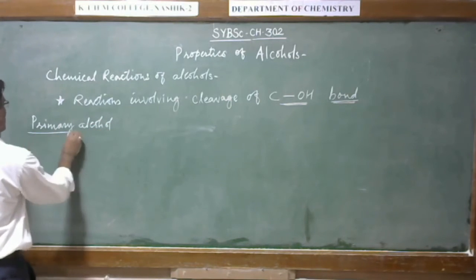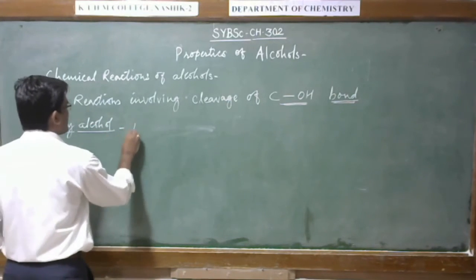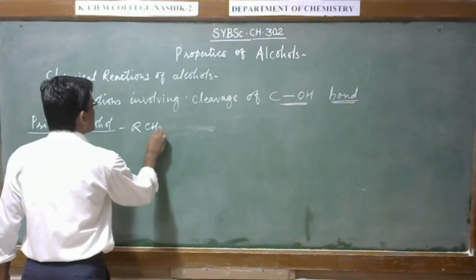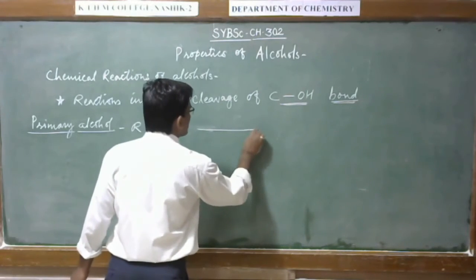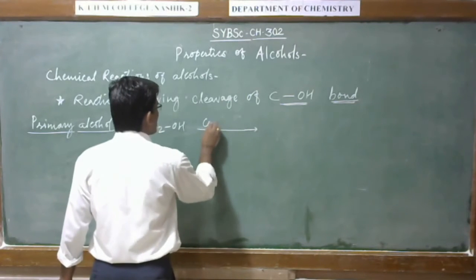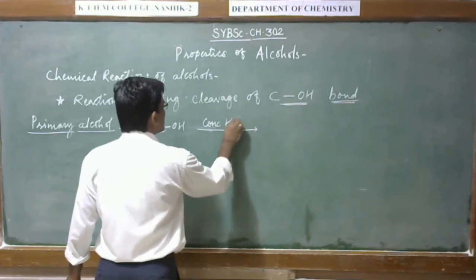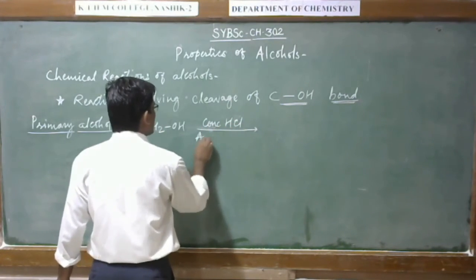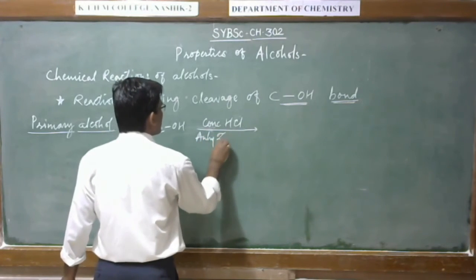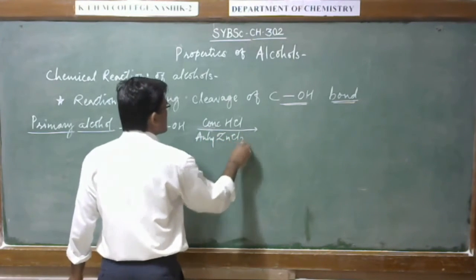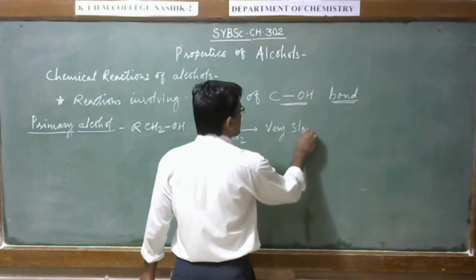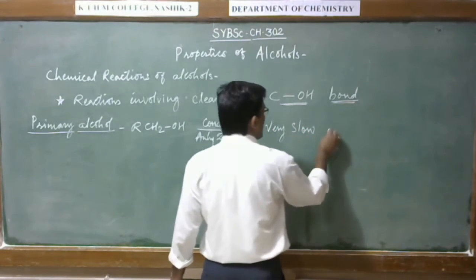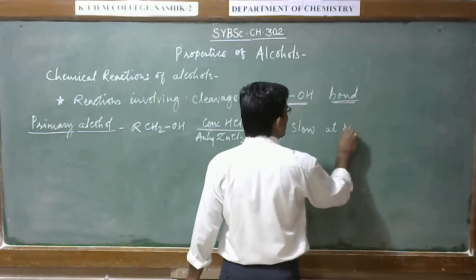Primary alcohol with concentrated HCl and anhydrous zinc chloride reacts very slowly at room temperature.